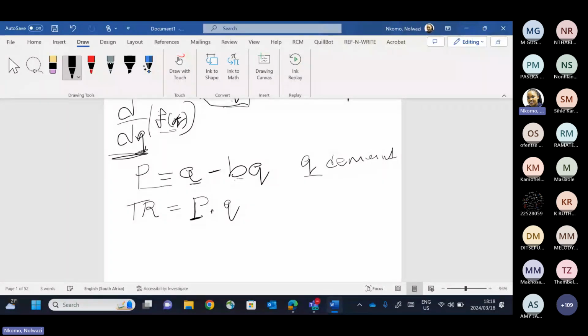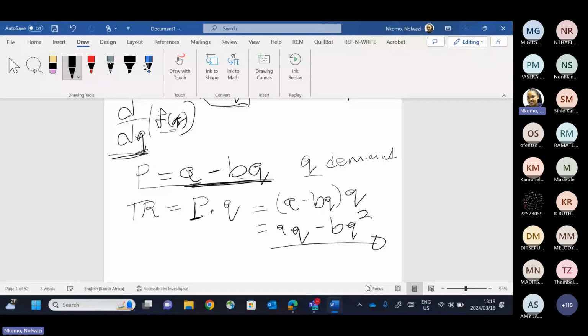So if we substitute the value of P, we'll have (A minus BQ) times Q. If we simplify this, we should have AQ minus BQ squared. This is just the total revenue, right?